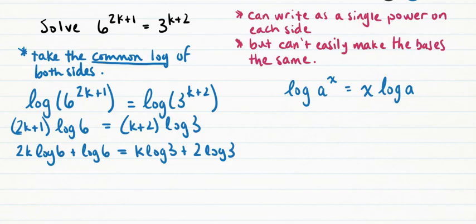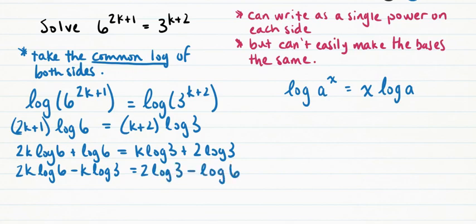So I'm going to rearrange so I have the k terms on the left-hand side and the constant terms on the right-hand side. So 2k log 6, I'm going to subtract k log 3 from both sides, is equal to 2 log 3, and I'm going to subtract log 6 from both sides.